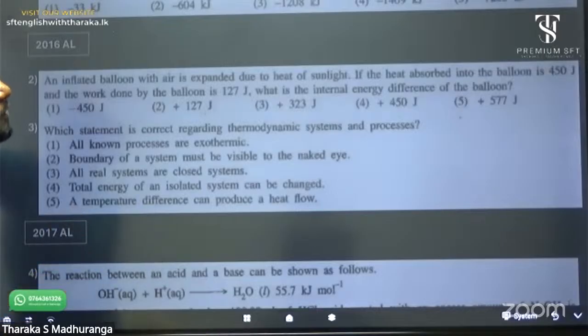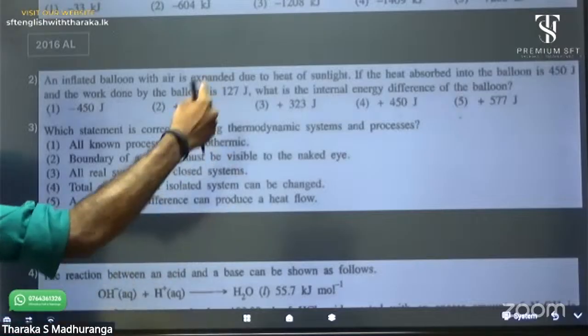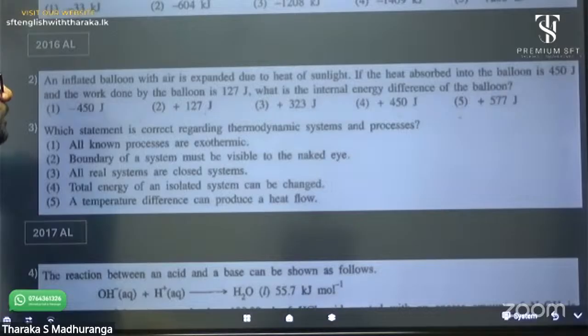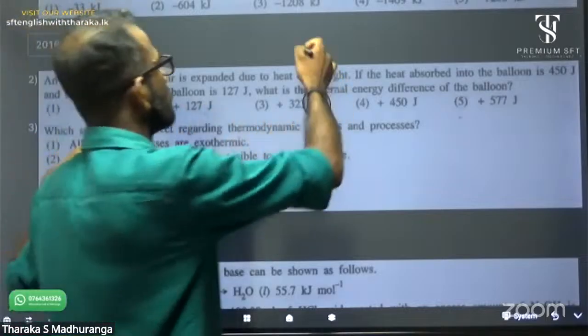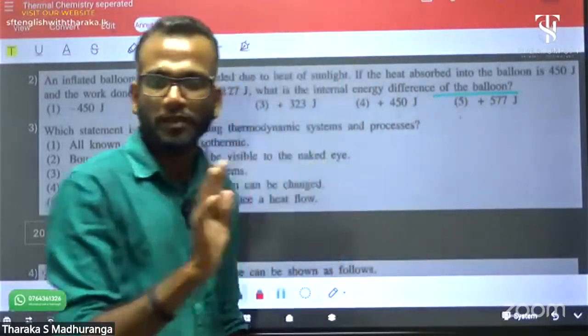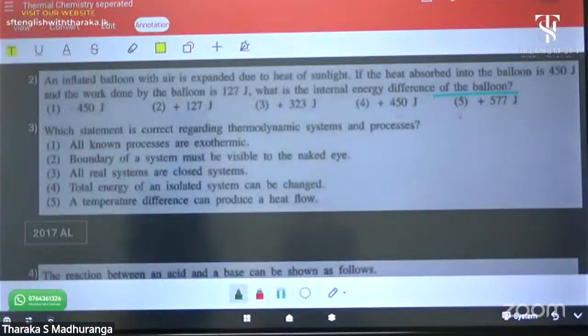If the heat absorbed into the balloon is 450 joules, and the work done by the balloon is 127 joule, what is the internal energy difference of the balloon? Read carefully. This asks the internal energy difference of the balloon. Balloon is a system, no problem. Get the answer. Balloon is a system.